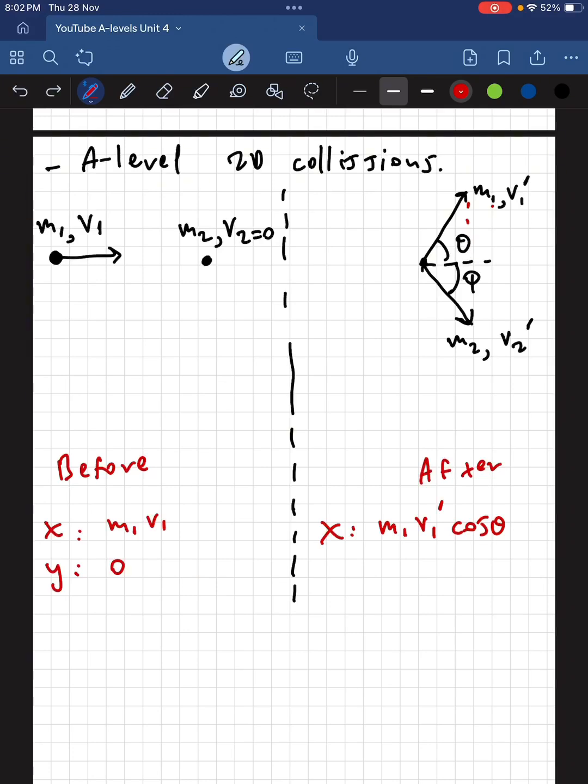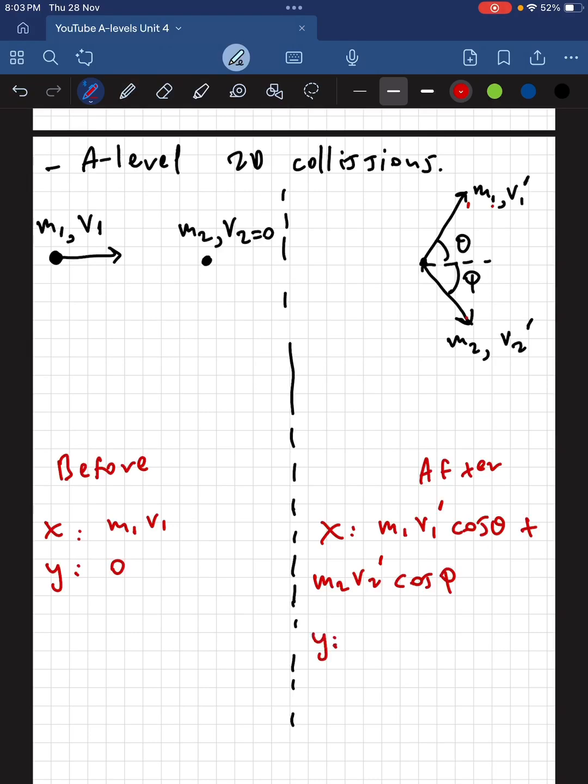And if we analyze the x component of mass 2, we get another term, plus, because both move to the right, plus m2 v2 prime cosine phi. I know it's terrifying, but this is what it looks like.